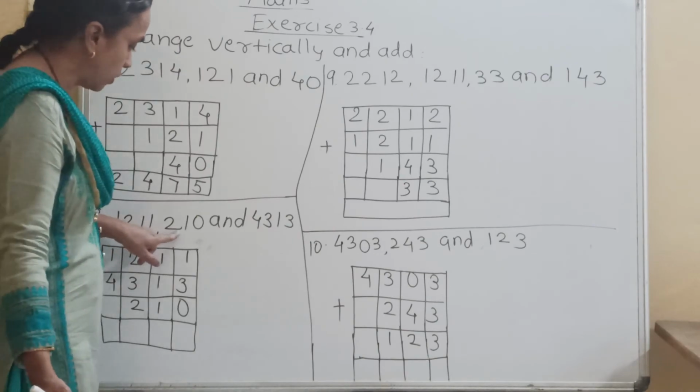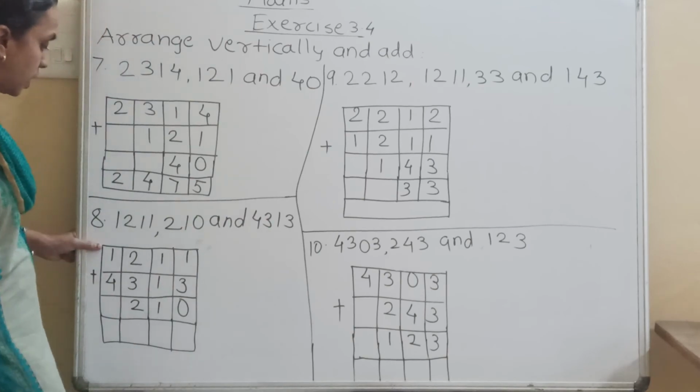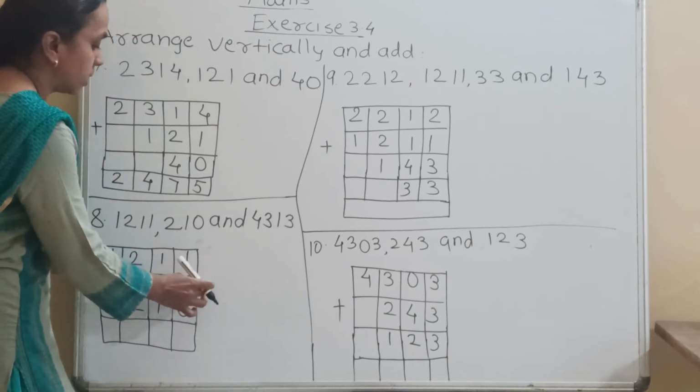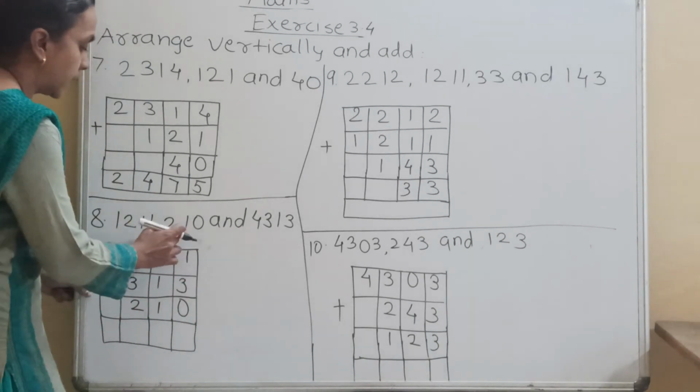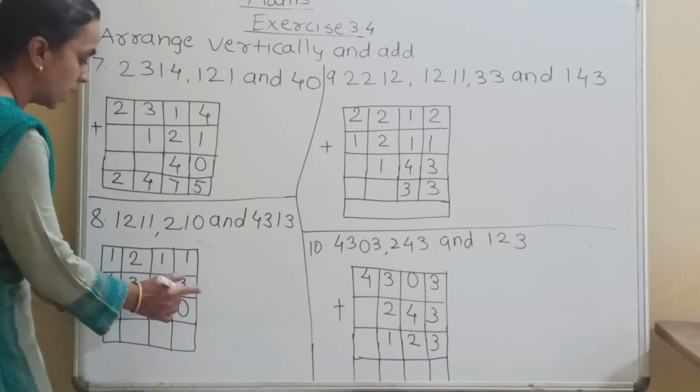1211, 210 and 4330. So first we have to write down all 4 digits number one below the other, and then write down 3-digit number. So it will be easy for our addition.